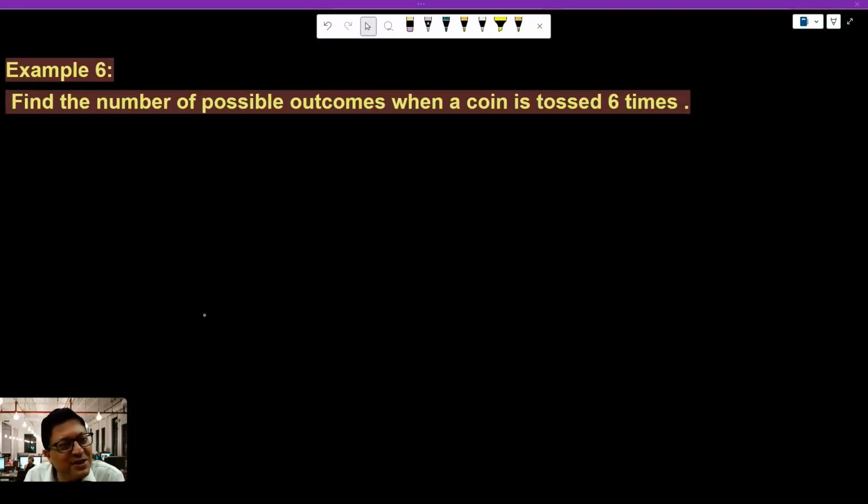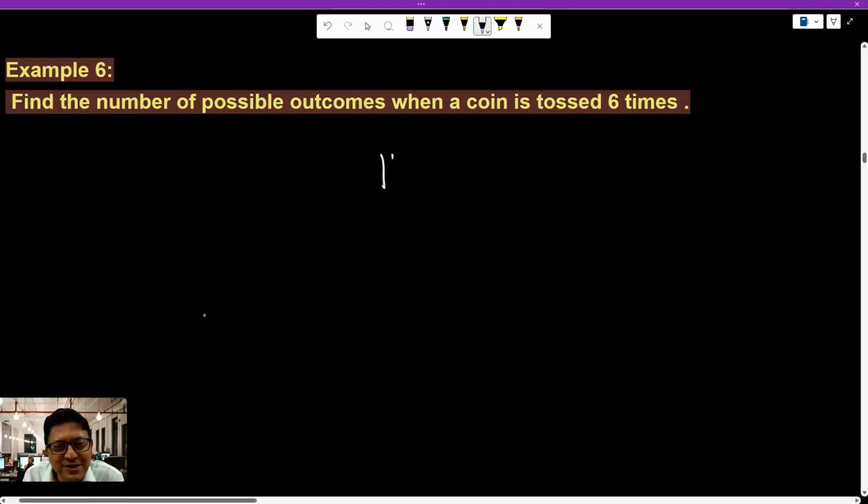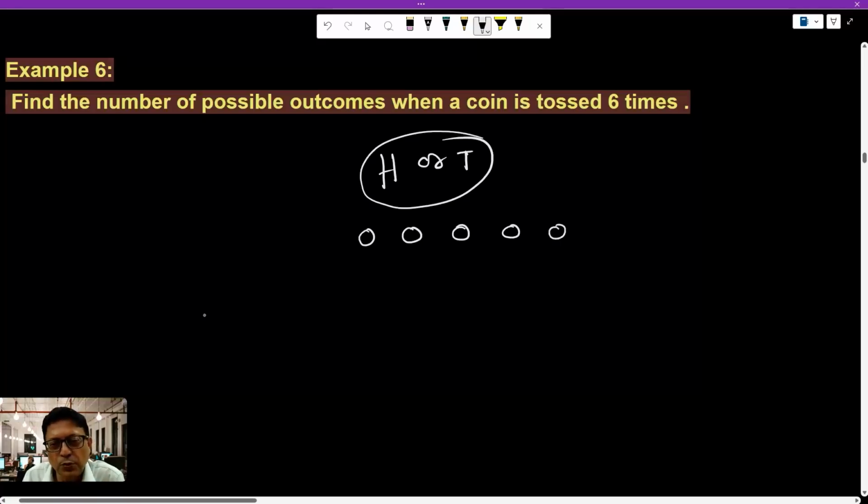A coin tossed 6 times. Coin means head or tail. 6 coins: coin 1, coin 2, coin 3, 4, 5, 6. So when you toss the first one, what are the options? Head or tail. Second one, what are the options? Head or tail.